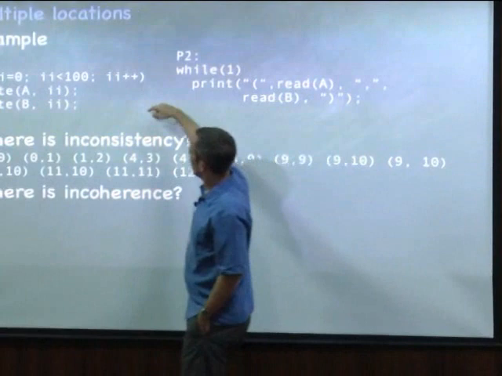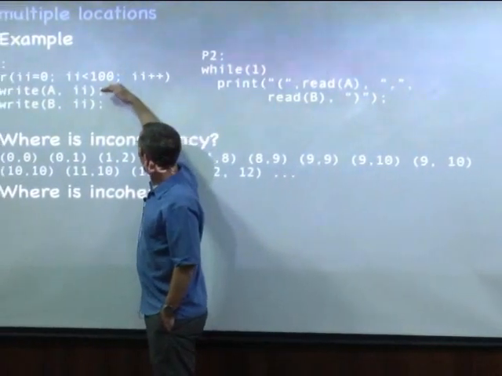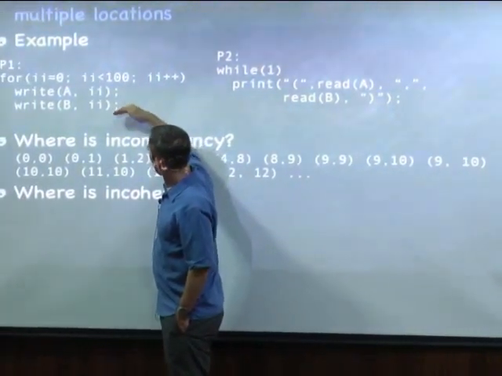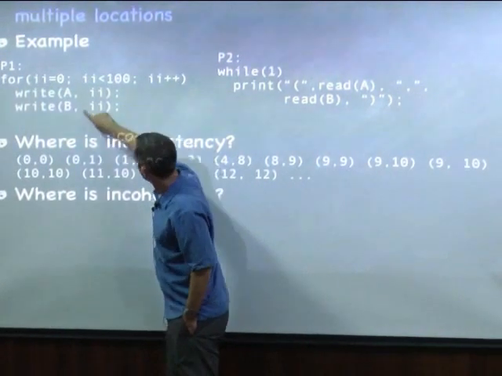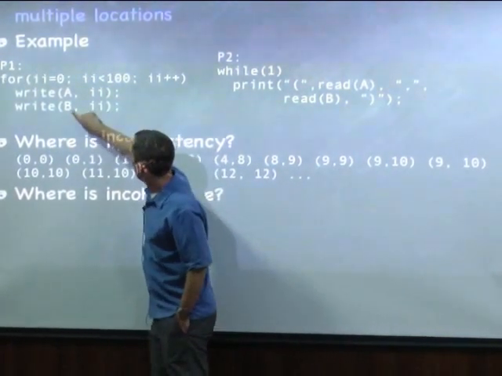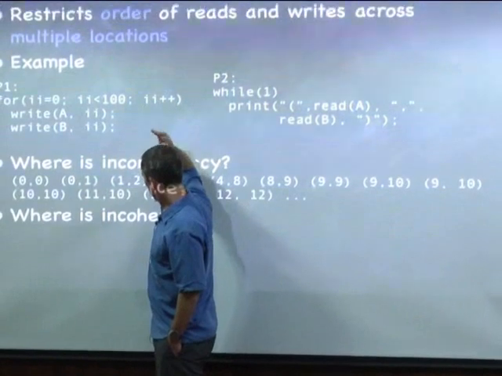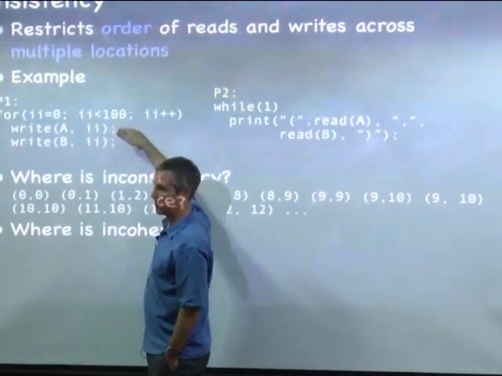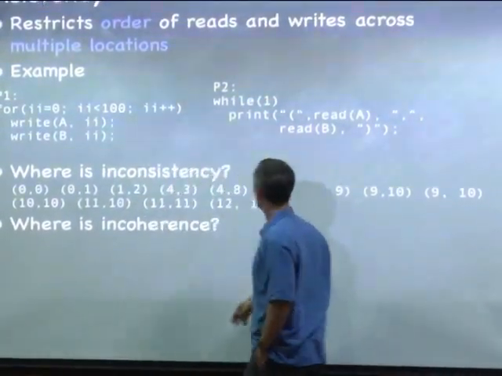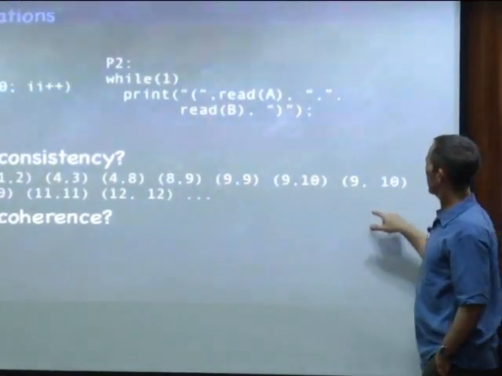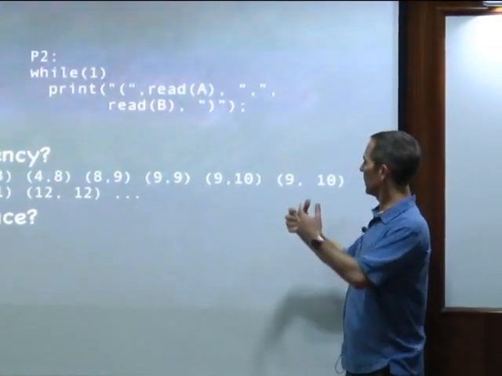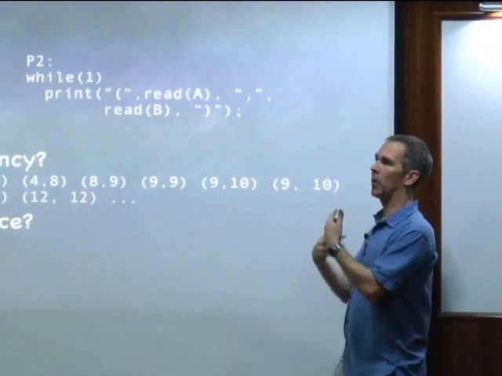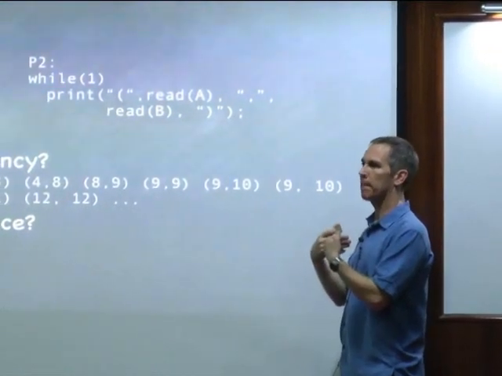There's also a partial order that says I increment this and then I increment this, which means that once I see that this value has been incremented, it's safe for me to assume that this value has been incremented. Right? And so there's no way to reconcile those two partial orders. Okay? Make sense?